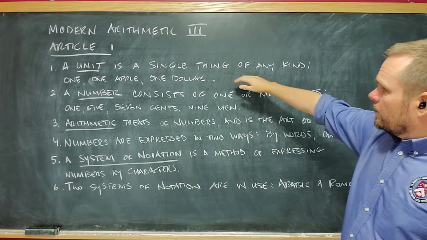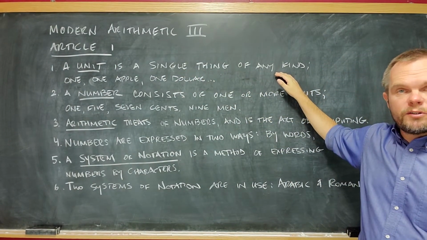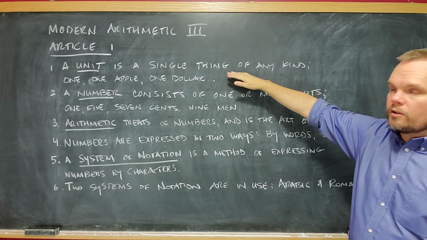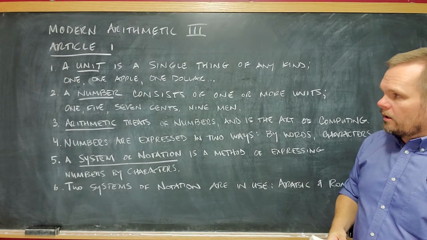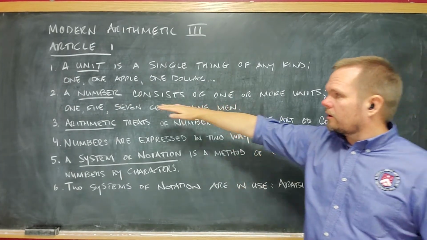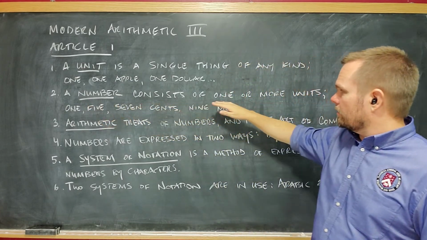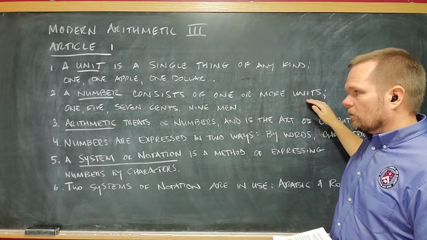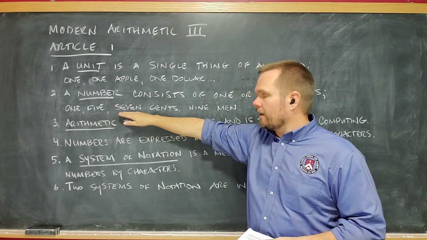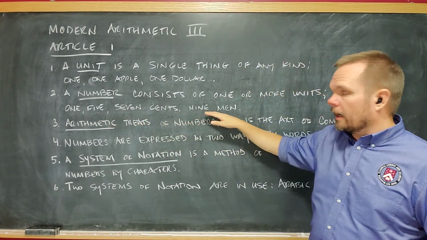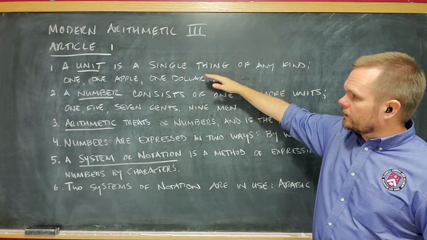Any single thing of any kind is a unit. Once we know a unit, we can then count how many units. And when we count how many units, we have a number. A number consists of one or more units, like 5 units, or 7 cents, or 9 men. So that's the meaning of unit and number.